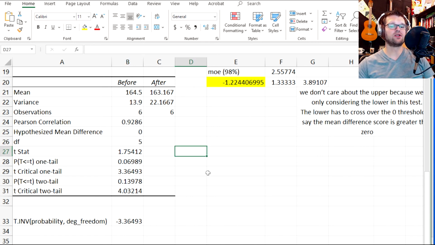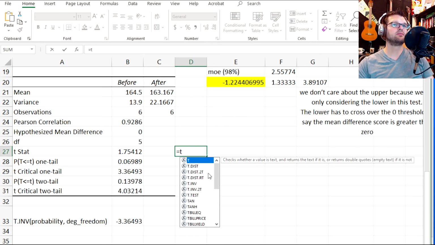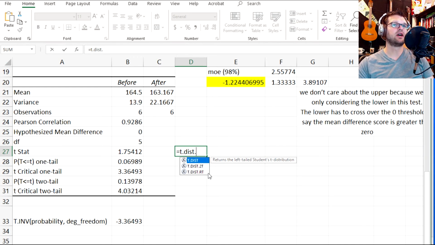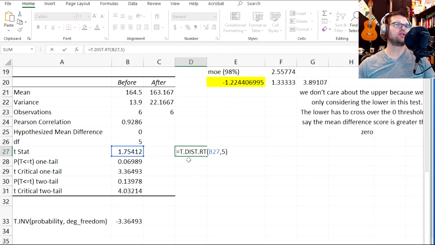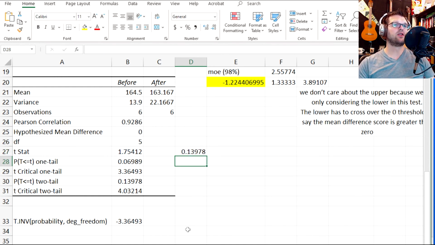The other way that you can do it is equals T.DIST.RT, and then we're going to put the t-statistic right there with the degrees of freedom of 5, and that's going to also give you the right tail value. And so that's what I would suggest you do, is just go ahead and use that T.DIST.RT if you're doing a right tail or upper tail test, or T.DIST if you're doing a left tail test, or T.DIST.2T if you're doing a two-tail test. And so that'll give you the different pieces of information that you need.